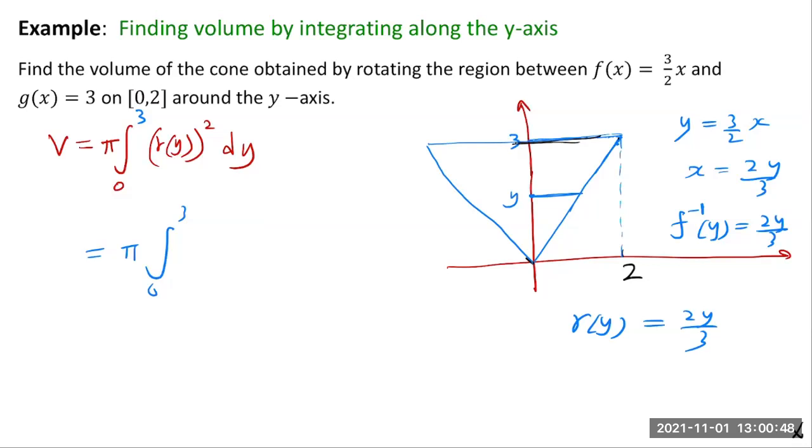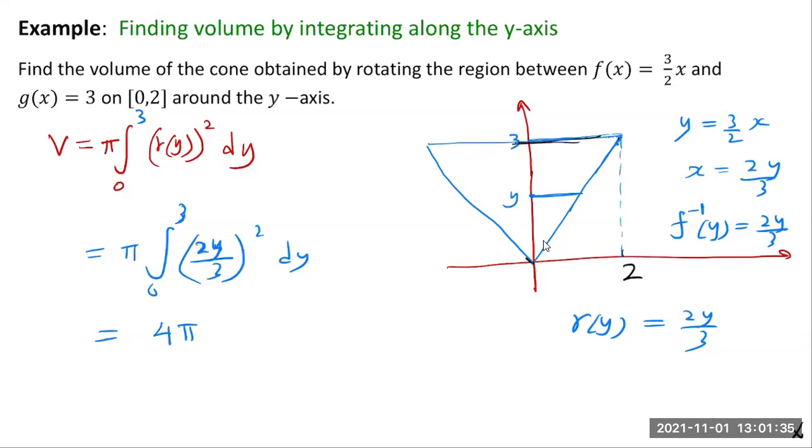Okay, this is an integration that you know how to perform. If you find this integration, you will get pi. Okay, that's your answer.